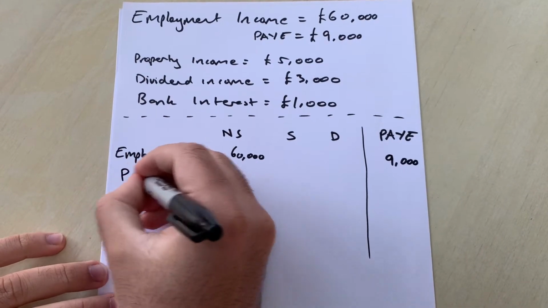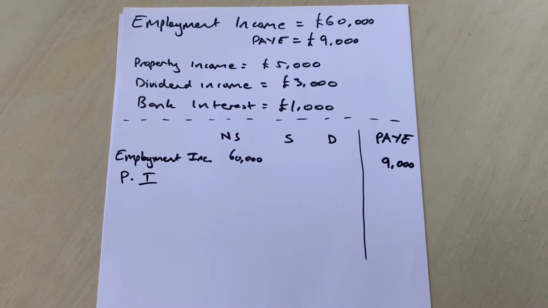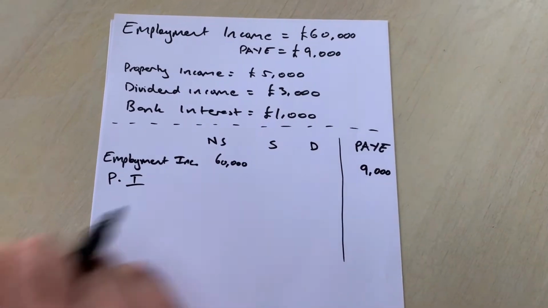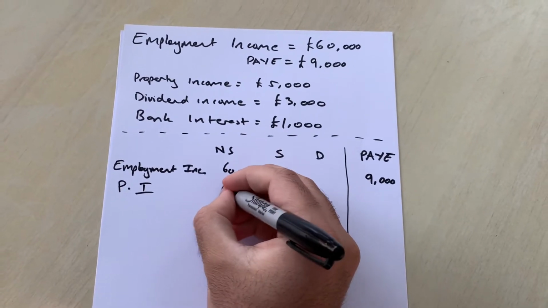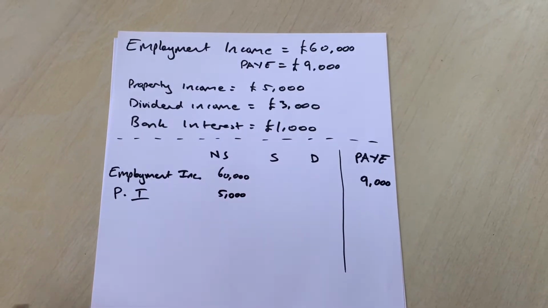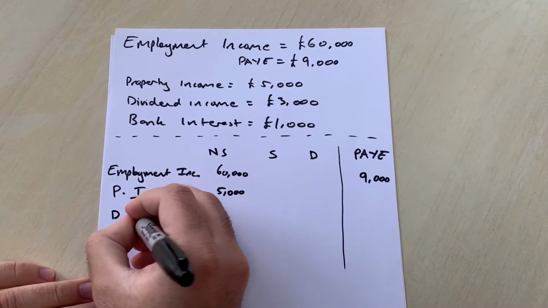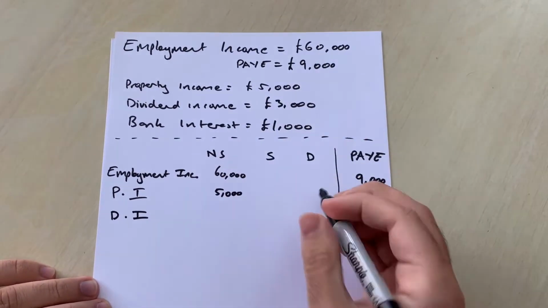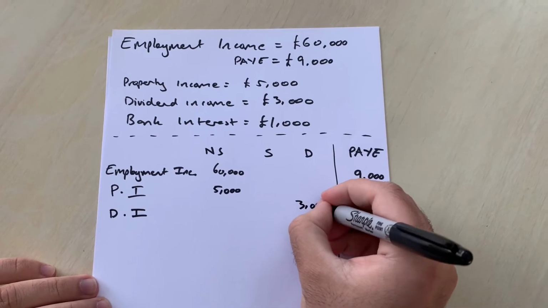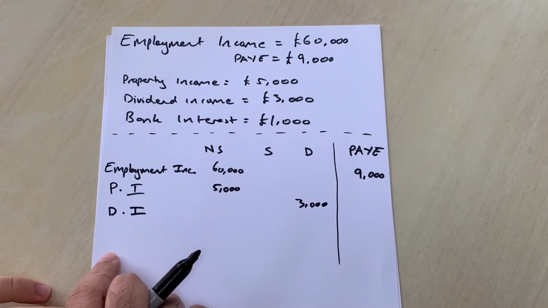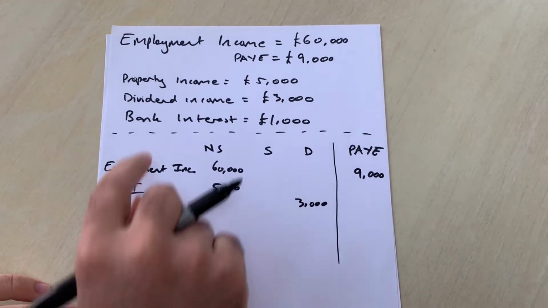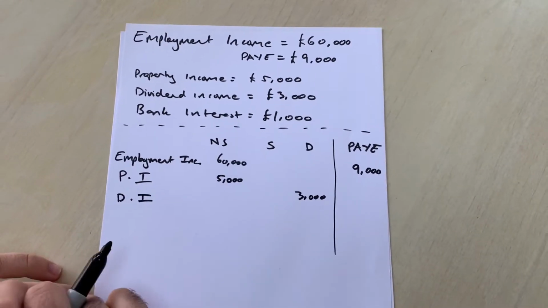Property income, I just put as PI in the interest of space, and property income is 5,000. That forms part of our non-savings income. We have dividend income, I'll put as DI, and that's 3,000, put that in the dividend column. And then we have, last but not least, bank interest, although it is the least amount.